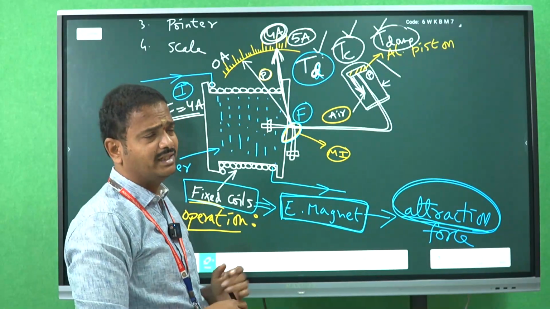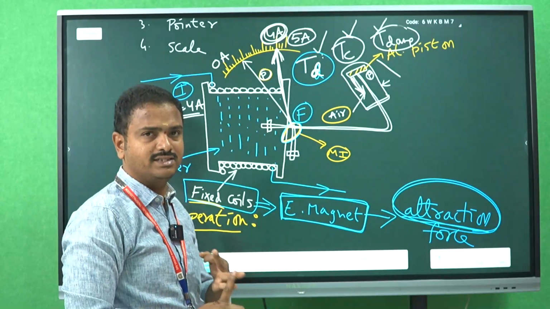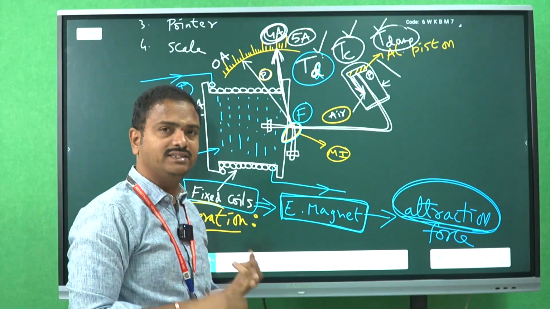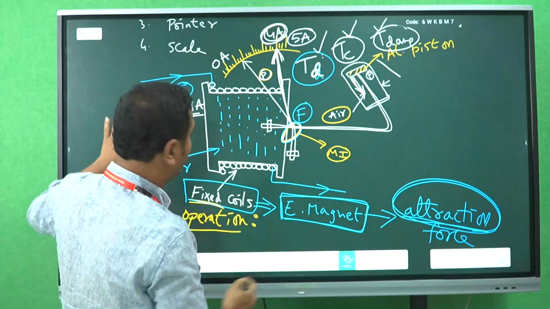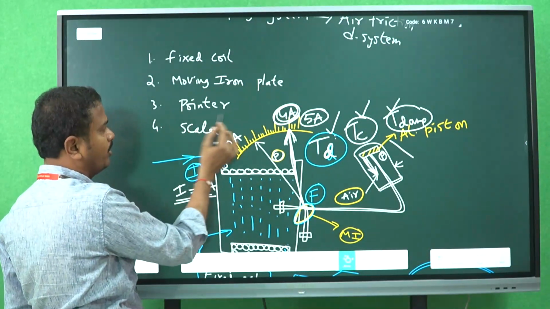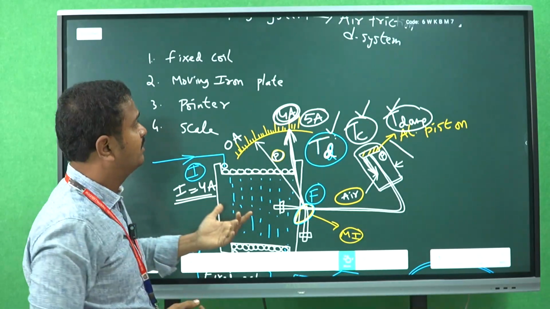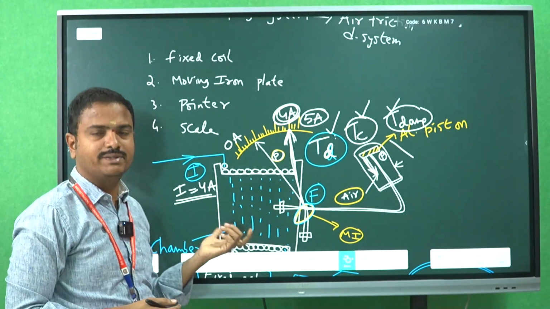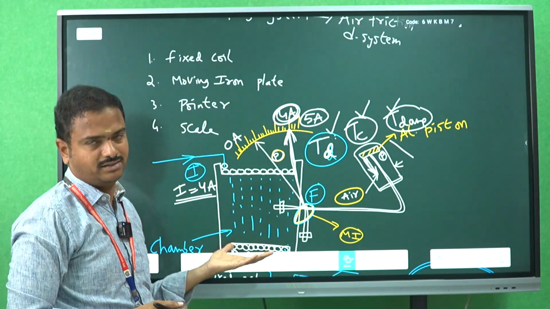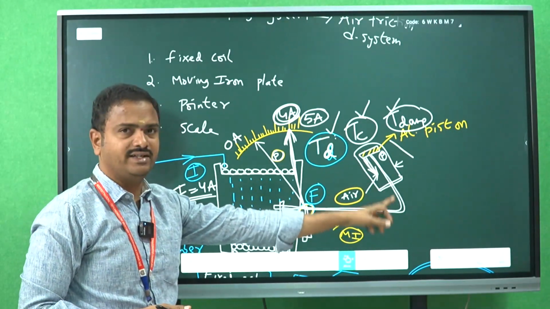Clear? In the construction, we have three types of systems: deflecting system, controlling system, and damping system. In the deflecting system, we have a fixed coil, moving iron plate, pointer and scale. Clear? The second one is the controlling system. Springs are used for the controlling torque. And the damping system is provided by air friction damping.